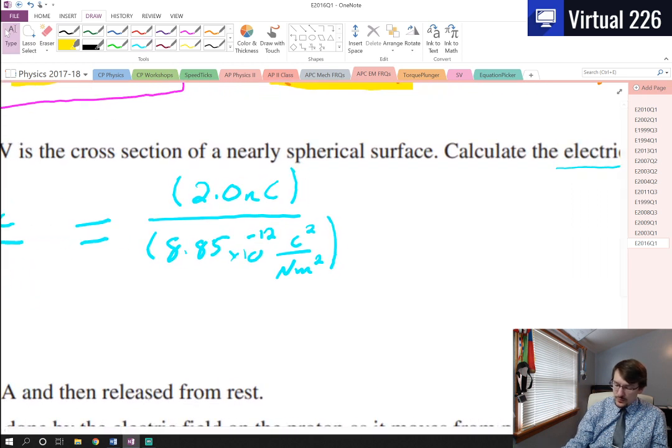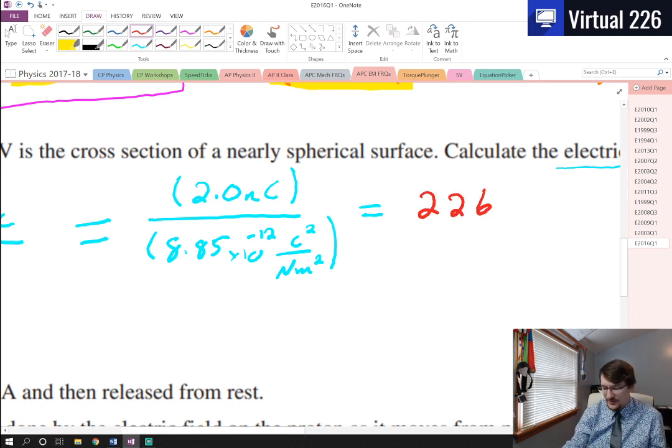At that point, you just run that through a calculator, and you wind up with the greatest number ever, 226. Because I'm the 226 guy. Put my name on the door. And our units there are just as weirdly strange. Those are newton meters squared per coulomb.